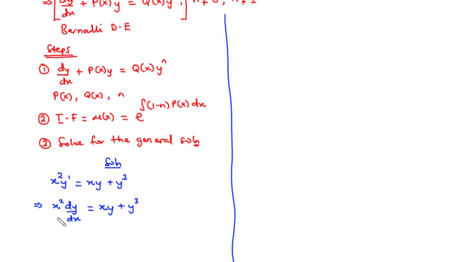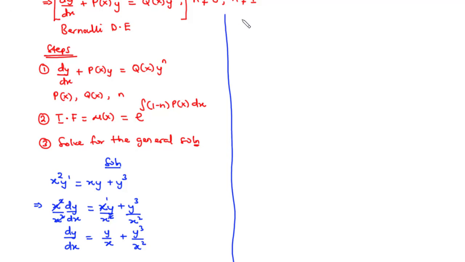Now, the first thing is we are going to divide through by x squared. So we divide through by x squared, and then we have dy/dx equals, x cancels one of the x's here, so we are left with y over x plus y cube over x squared. Now the next thing we are going to do is transpose this term to the left hand side.